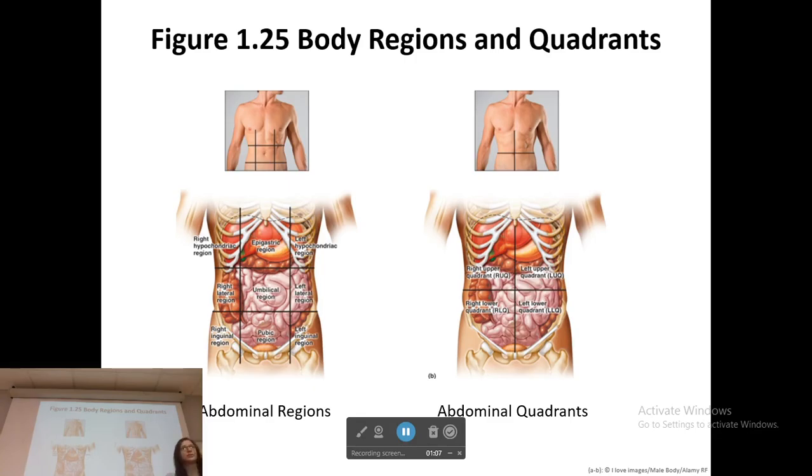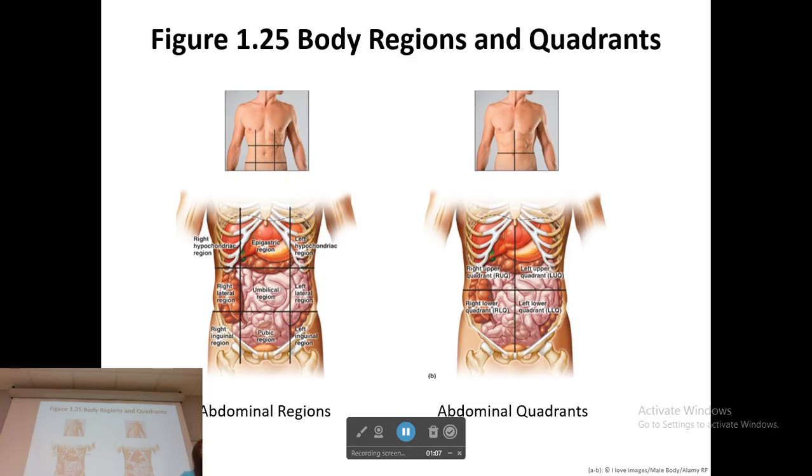Okay, that can be useful when you are describing where maybe pain is, or you have a patient saying that they're having pain in this area here, and you could describe that as the right upper quadrant. Okay, and then what organs are in that area?